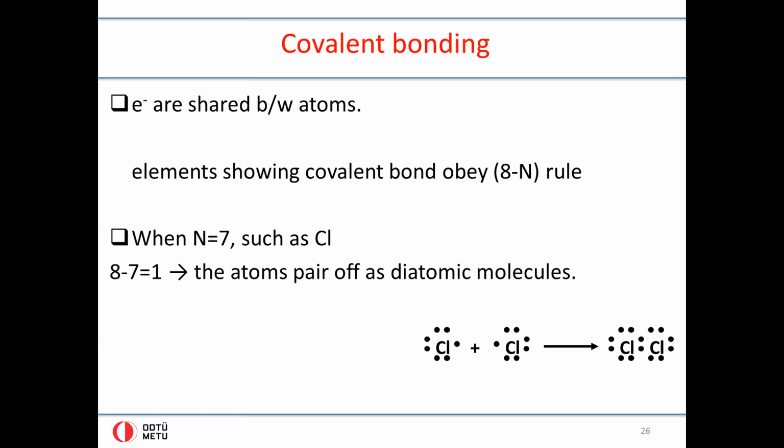Cl all by itself will be incomplete, and Cl3 would not work because there's only 1 electron that is needed, so you can't share electrons in a way to give you Cl3.